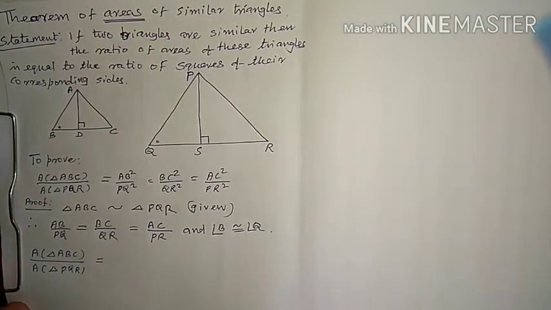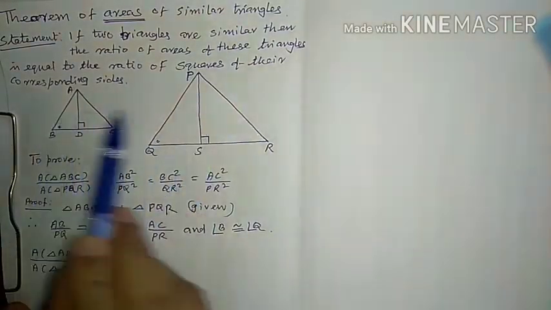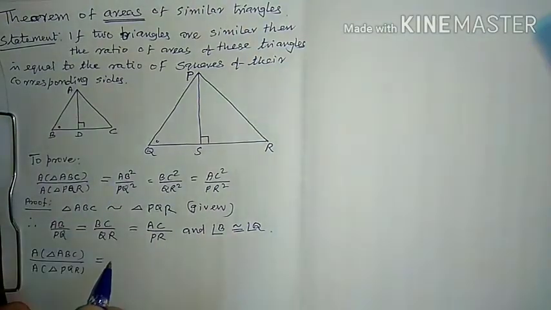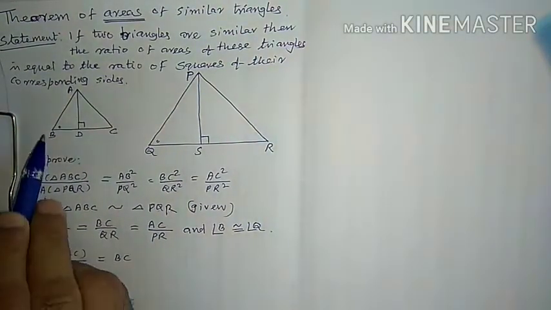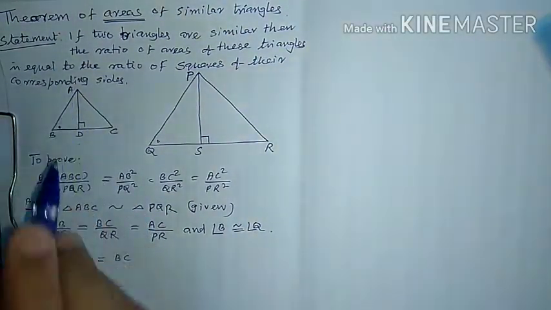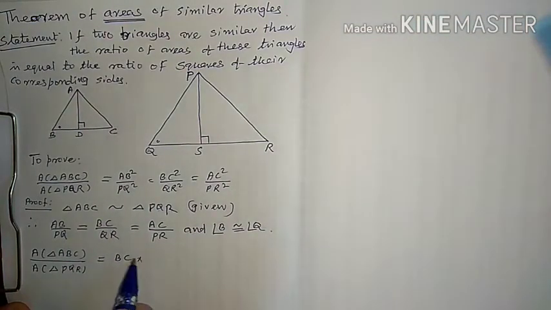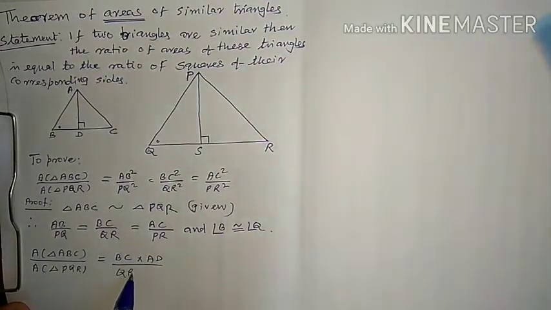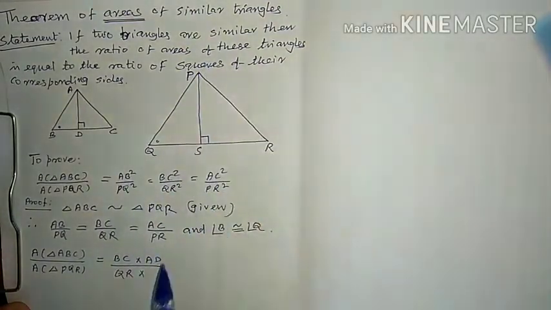From the first exercise, what is the ratio of areas of these two triangles? Area means base into height. In triangle ABC, AD is perpendicular to BC, so base into height. Upon its base QR into the height PS.